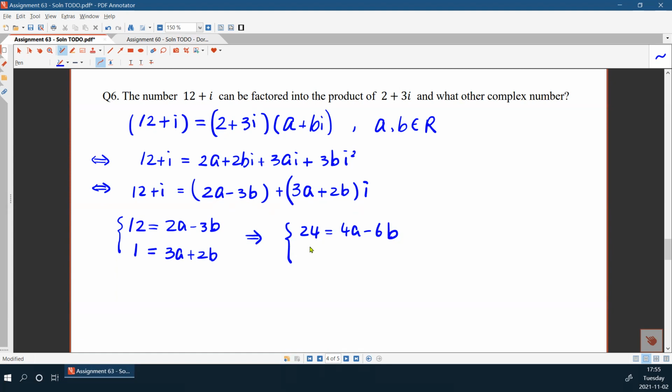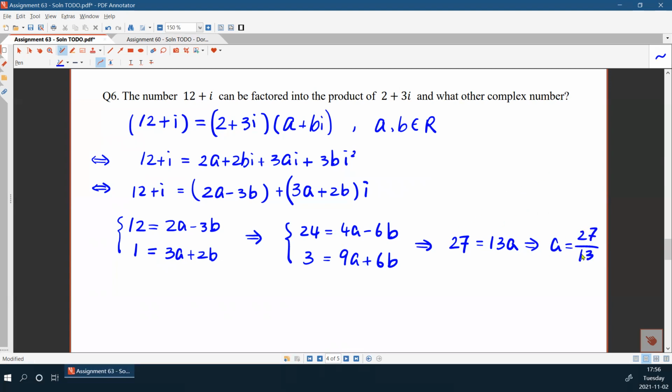Then the second equation, we can multiply both sides by 3. So 3 equals 9a plus 6b, right? And we can add the two equations, which will give us 27 equals 13a, right? So that means a is 27 over 13.